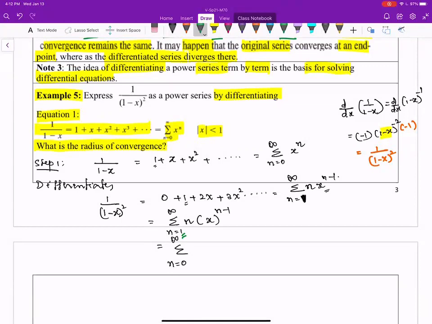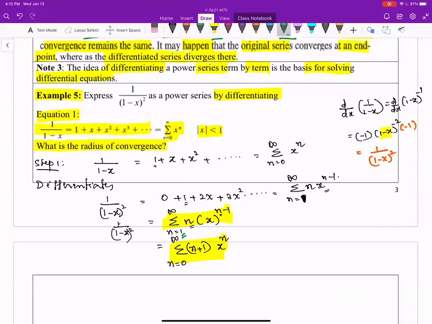If you move backwards 1 unit, you have to move this guy forward 1 unit. So n will become n plus 1, and x to the power n minus 1 would become x to the n. If you notice, writing 1 over (1 minus x) the whole squared either like this or like this, they are one and the same. One starts with n equal to 1, the other with n equal to 0.